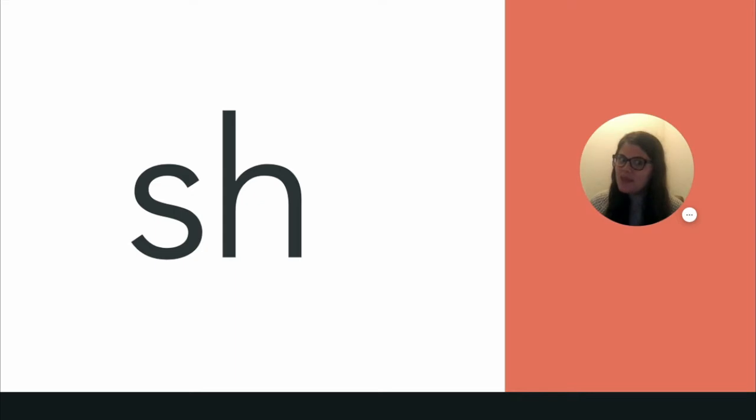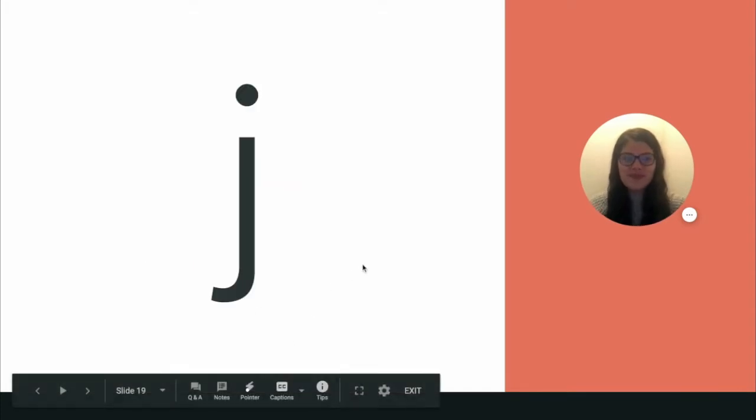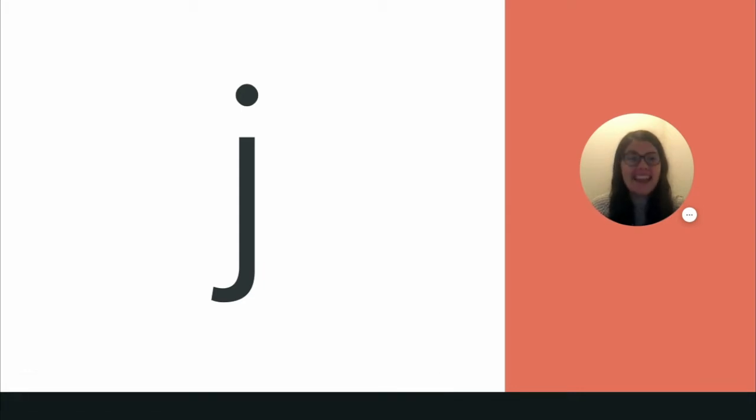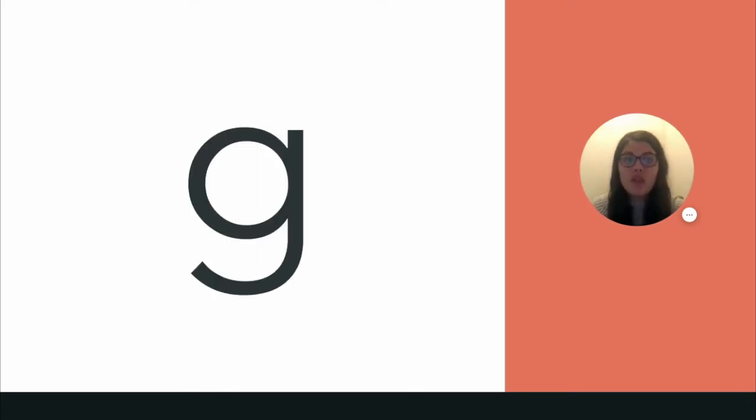Keeble Cubs, what's this digraph? That's right, friends. These are the letters S and H, and together they make the sound sh. Keeble Cubs, what's this letter? That's right, friends. This is the letter J, and it makes the sound J. What's this one, friends?